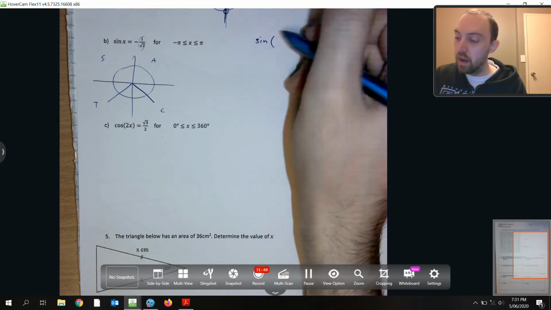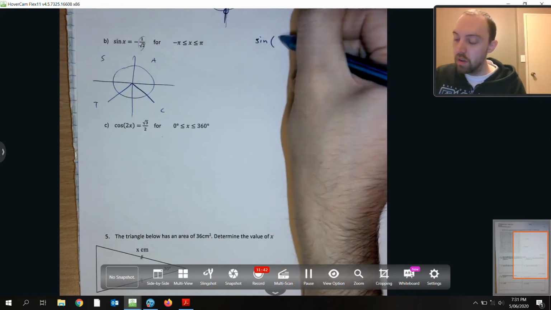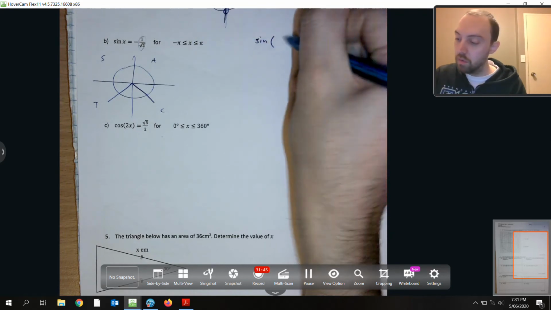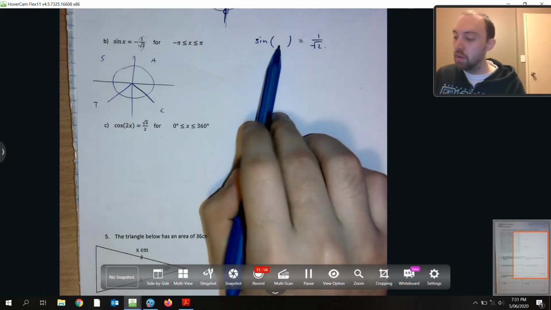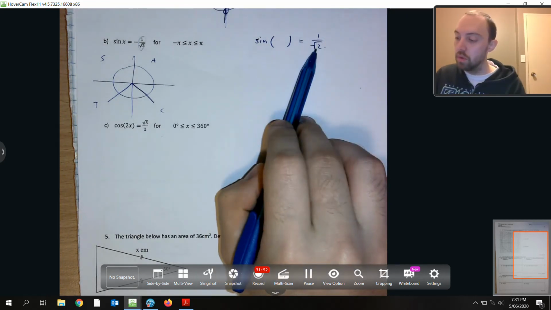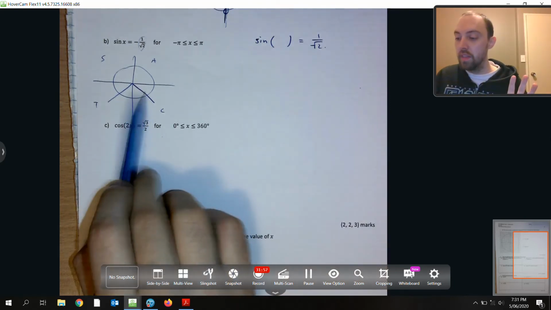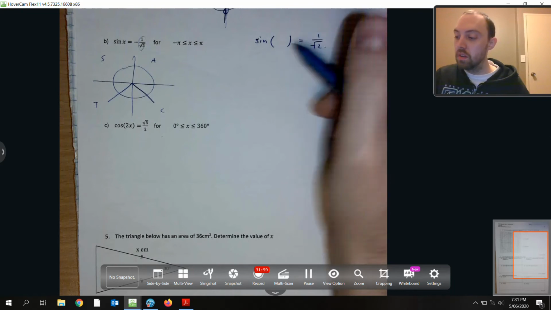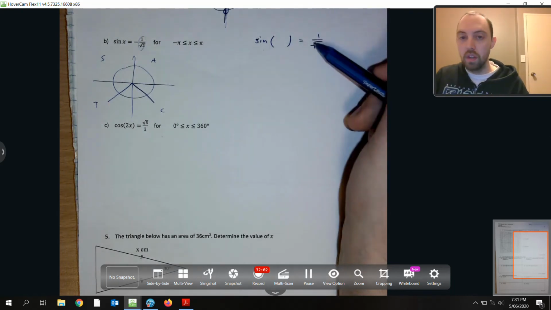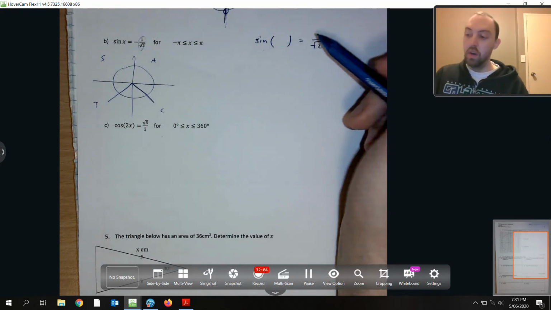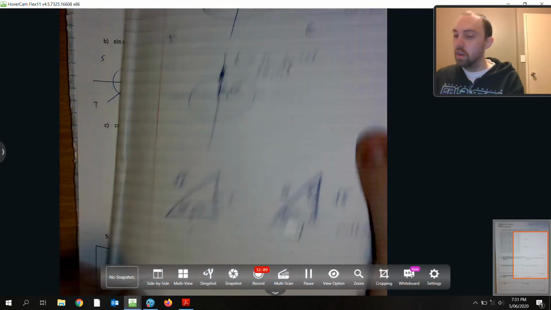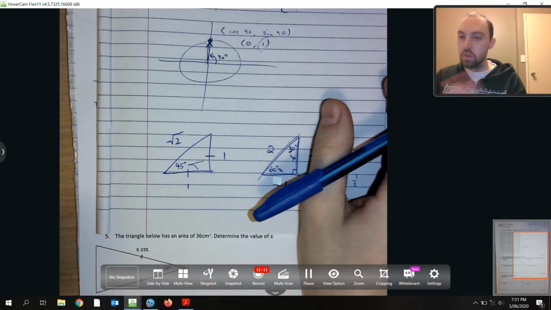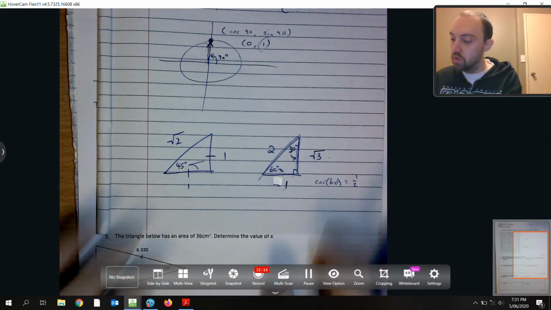So if we were thinking about radians for the sine of, what value do I have to put in here to get 1 on root 2? We're not thinking about positive or negative just yet. We've already done that part of our thinking. We just need to know what acute angle is involved in that situation. So you're cycling through your exact values, or you're looking at your triangles, or you're checking your hand values, whatever you choose to do.